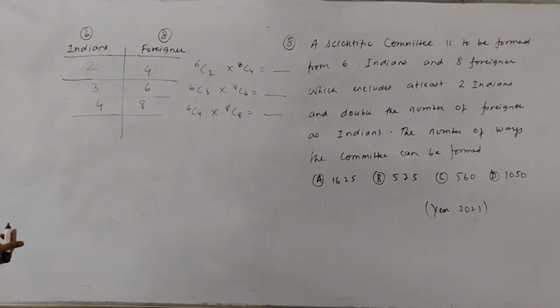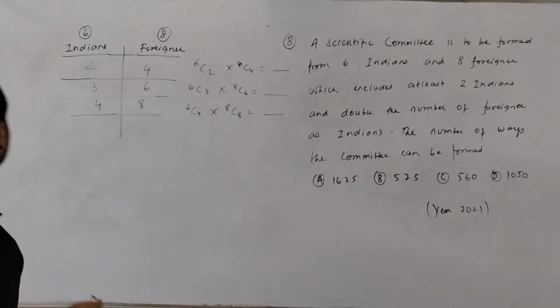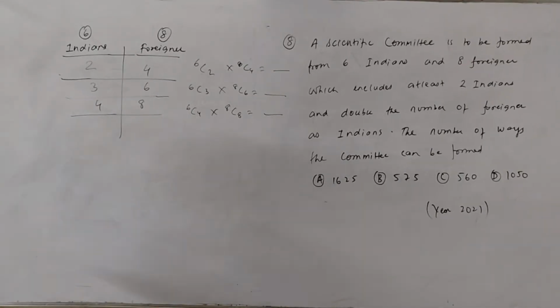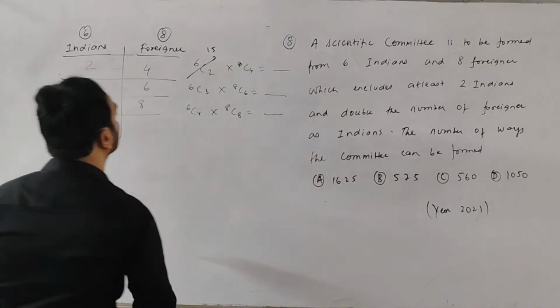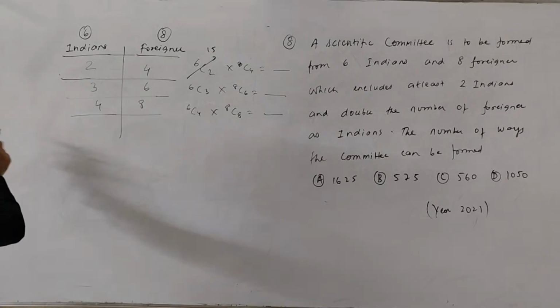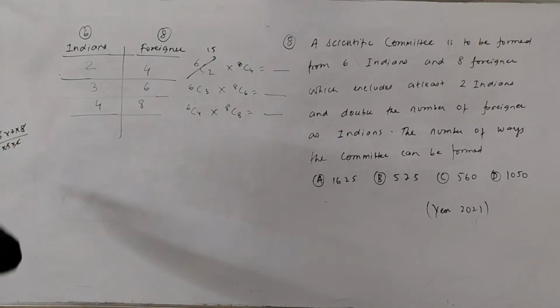6C2 is 5 into 6 by 2, so 15. So I will write here 15. This comes out to be 15, 6C2. Then 8C4 will come as 5 into 6 into 7 into 8 by 4, 2, 3.